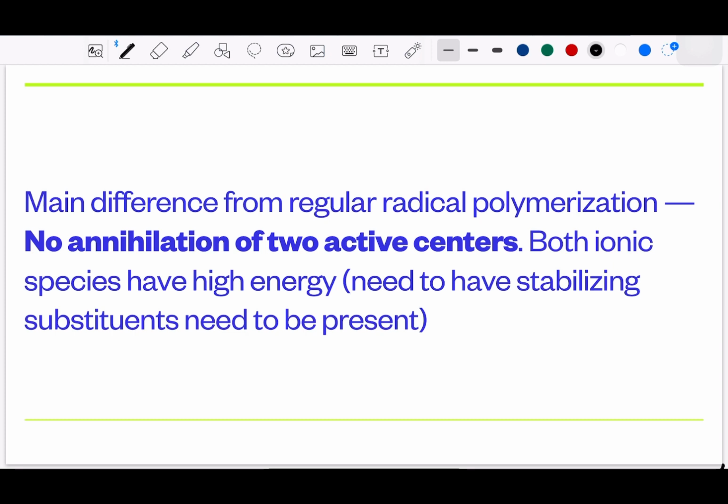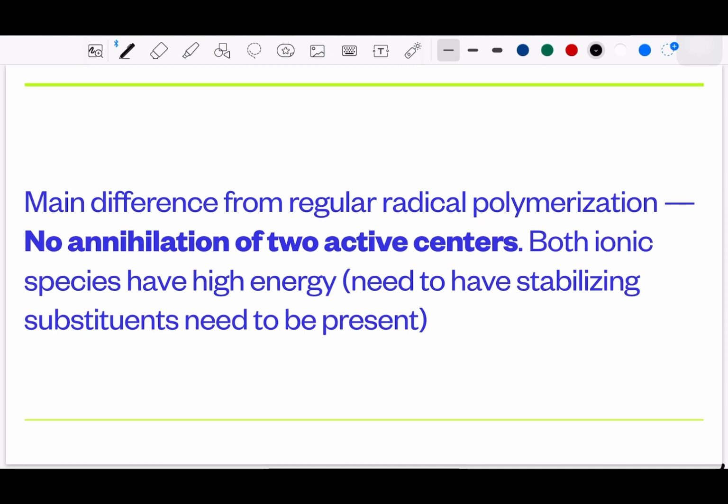The main difference between ionic polymerization and the regular free radical polymerization is that there will be no annihilation of two active centers. Remember, in chain growth polymerizations, if you want to terminate the polymerization, we annihilate, or remove, the active center by taking two active centers together, so they are eliminated at the same time.